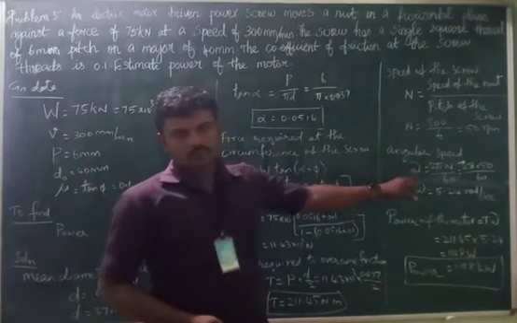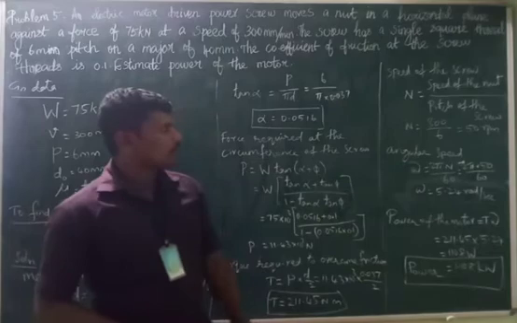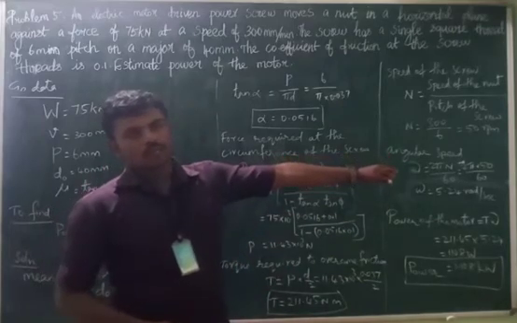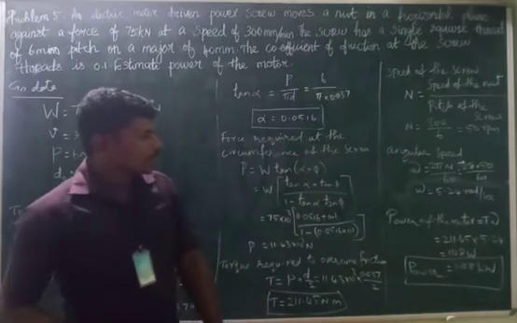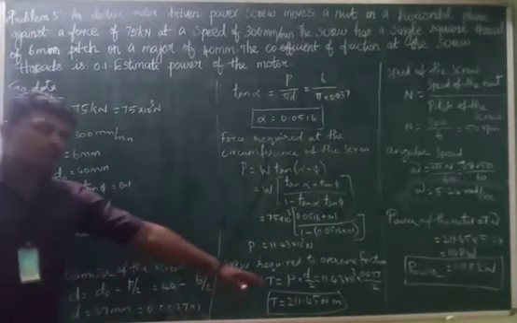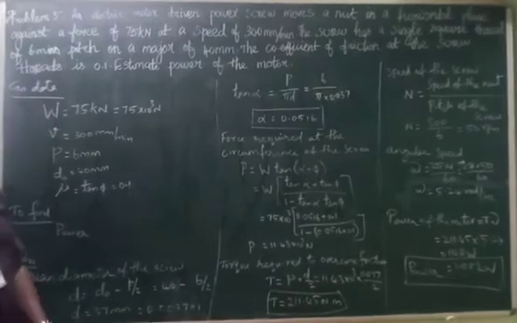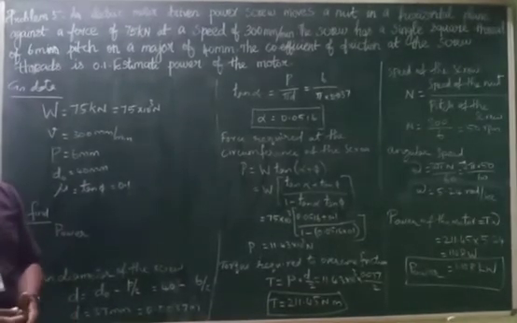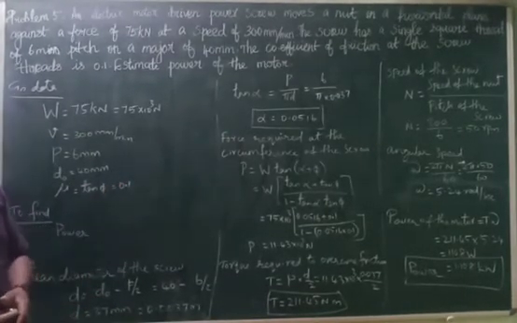Omega we can find directly with the formula 2 pi N by 60, but we need to find the value of torque first. We need to find the torque required to overcome the friction.